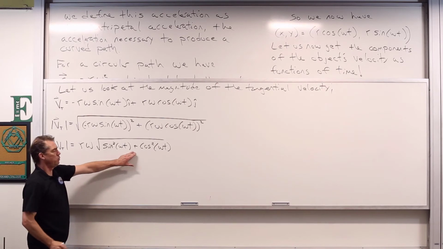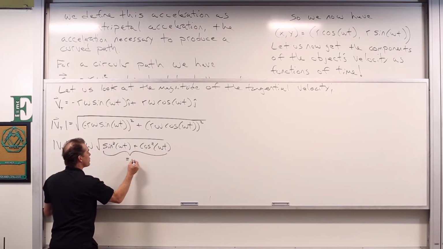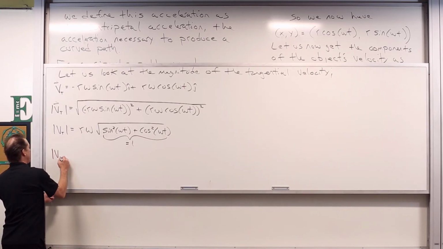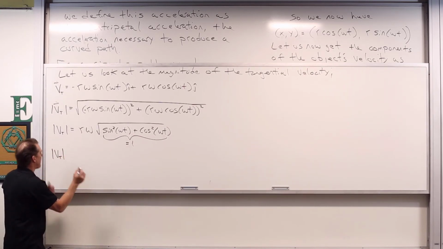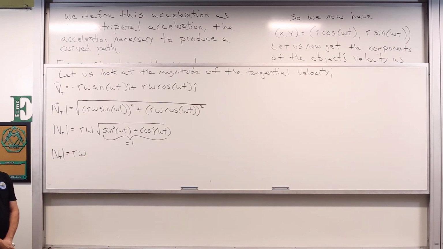What is this equal to? Sine squared omega t plus cosine squared omega t is just equal to 1, which then says that the tangential speed, the magnitude of the tangential velocity, is r omega. That's it. It's constant. If omega is constant. If omega is changing, the tangential speed changes.